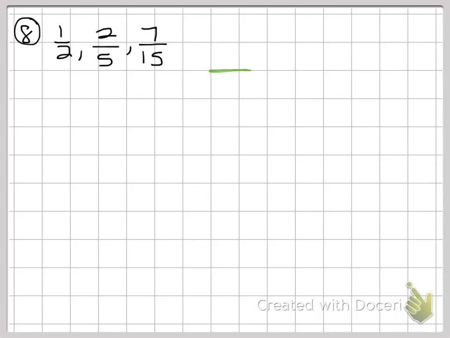So to save my brain, I'm going to just fill in 1/2 as being the greatest, and then focus on those last 2 fractions to figure out which one's greater than the other. So 2/5 would be the same as 4/10, which is 0.4.